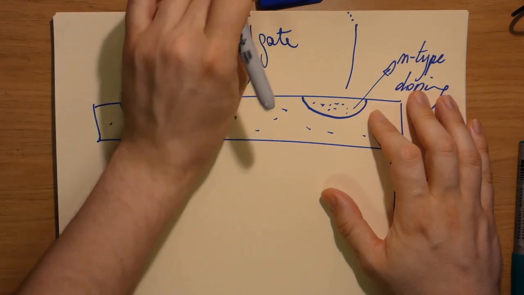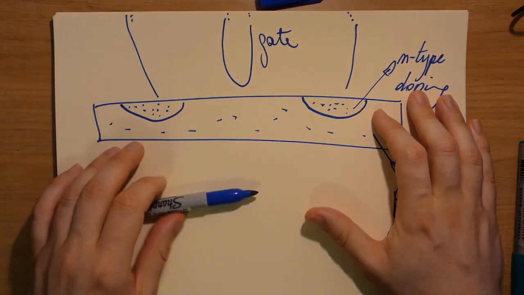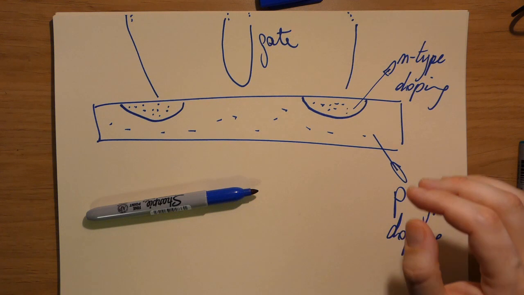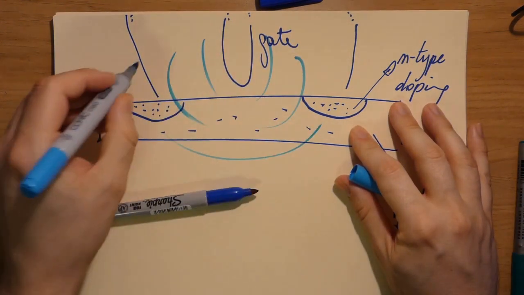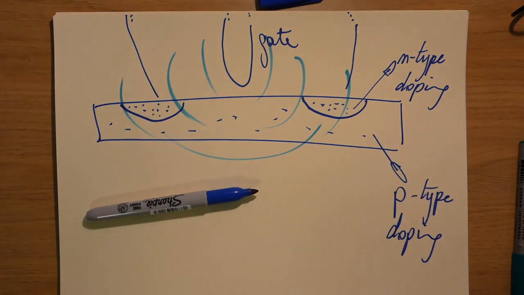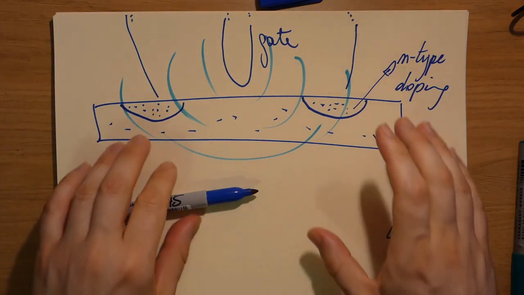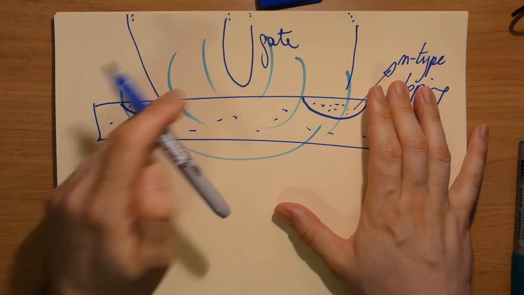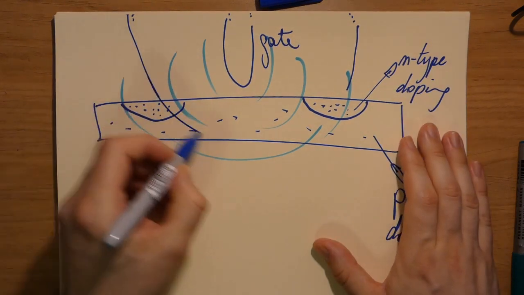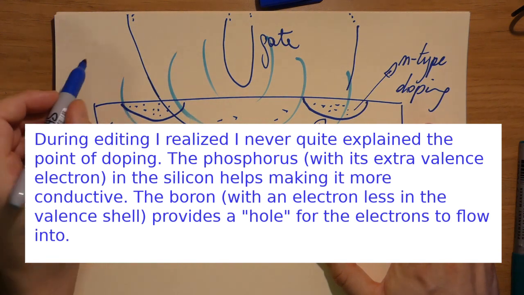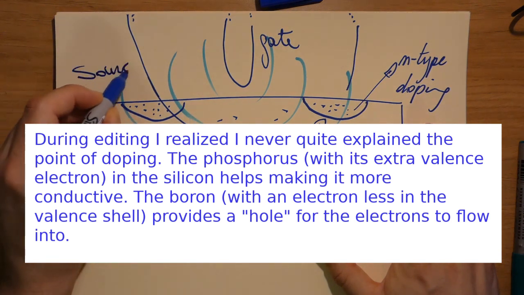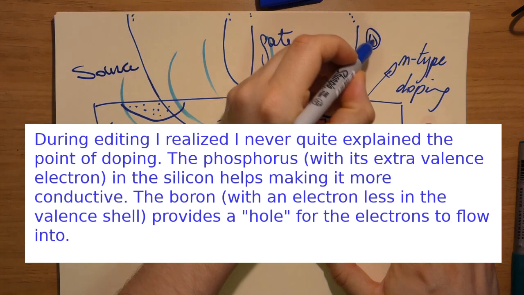When you electrify the gate, it will produce this electromagnetic field. So when the gate is turned on, now the electrons are flowing through. So this is known as the source, and this is known as the drain.